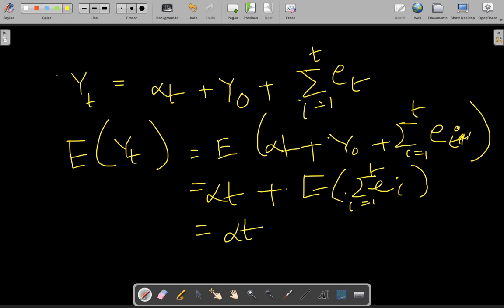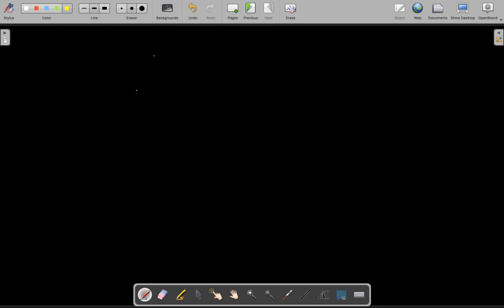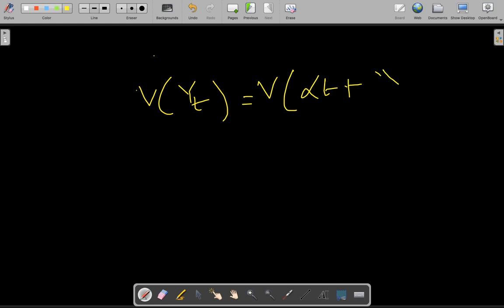Now I will also do the variance of yt. V of yt is equal to V of alpha t plus y0 plus the summation of epsilon i, i equal to 1 to t. V of alpha t is a constant, so there is no variance, basically 0.